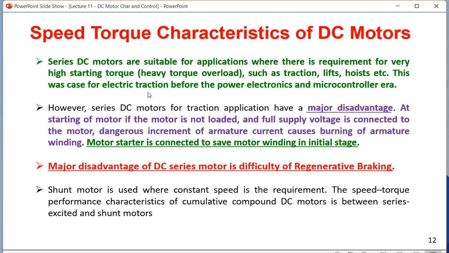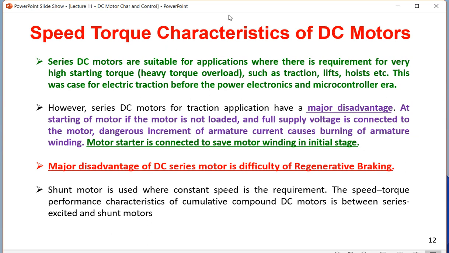So this was the case for electric traction before the power electronics and microcontroller era. However, DC series motors for traction applications have major disadvantages. There is a very high starting torque offered by the DC series motor, that means an initial huge pull, but this has a major disadvantage.